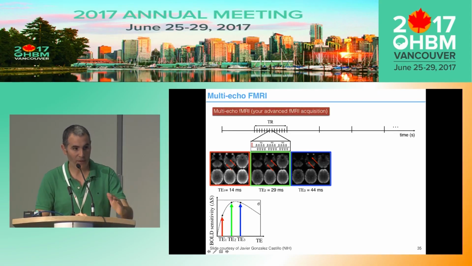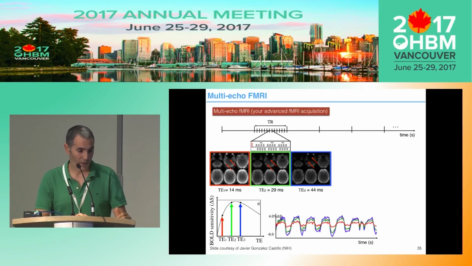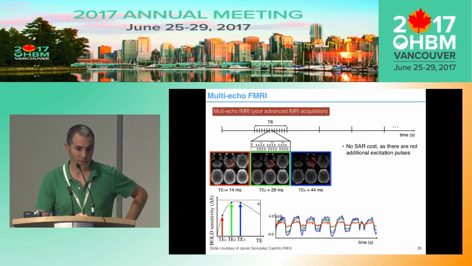So at different echo times, you can recover intensity in some areas that are susceptible to geometric distortions and are close to air and tissue interfaces. Then you have three volumes with different BOLD sensitivity that you can use in order to improve your signal. This doesn't have any cost in terms of energy deposition, since there are no additional excitation pulses.